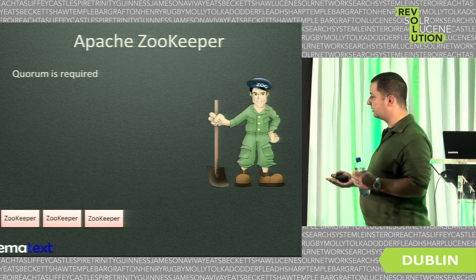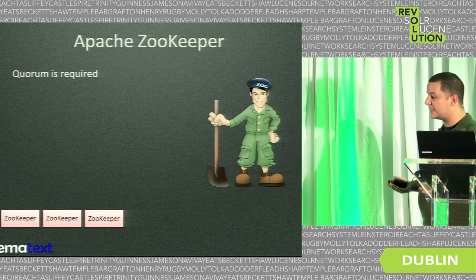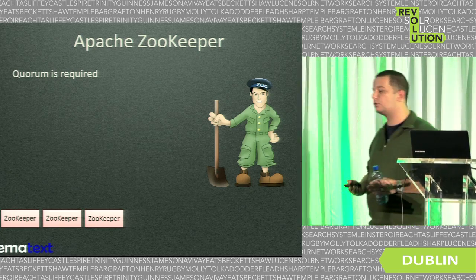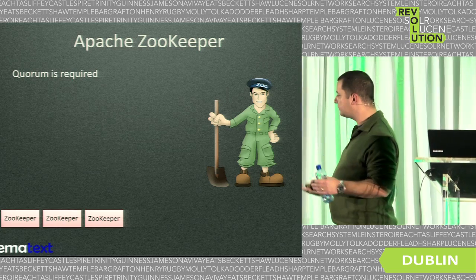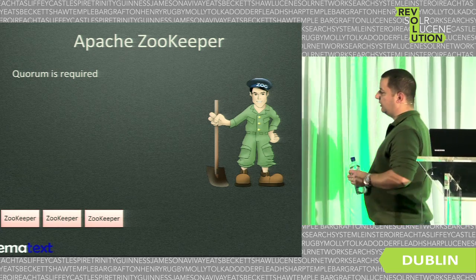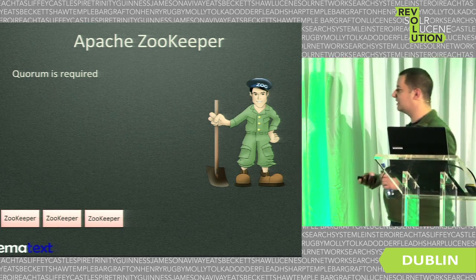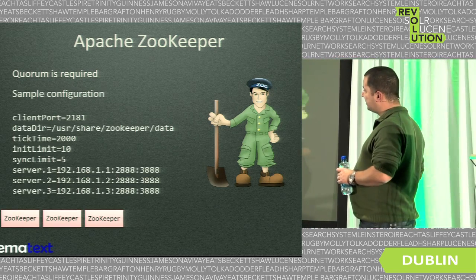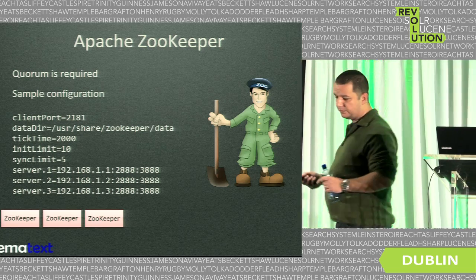If you have 3 servers in an ensemble, you are allowed to have a single Zookeeper server fail. If you have 5 Zookeeper servers, you can have 2 of them fail at the same time, and your cluster will still be operational.